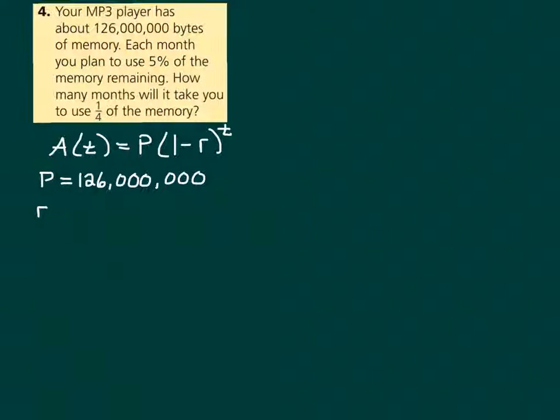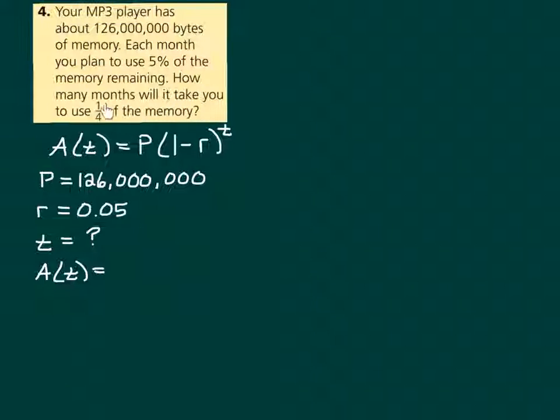We know that R is 0.05. T is what they're asking for. We don't know what T is, but we know A of T as well. We have to remember that in this formula, A of T is how much you have at the end.